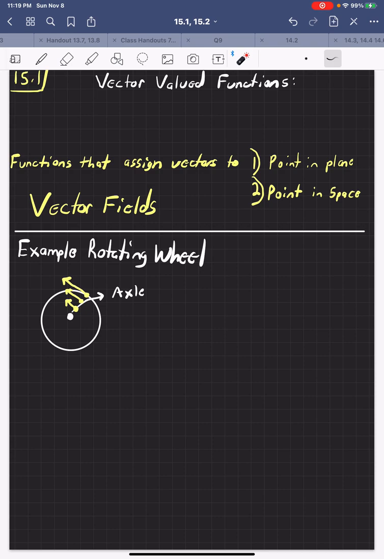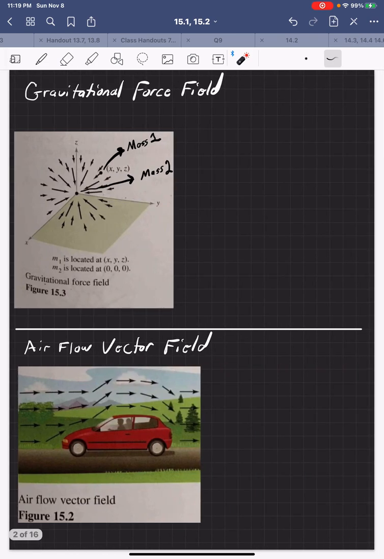dealing with gravitation. Let's just assume that we have two objects with mass at these locations. And notice all the vectors that are being plotted.